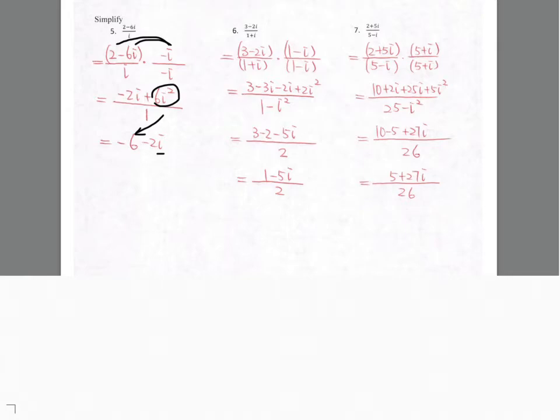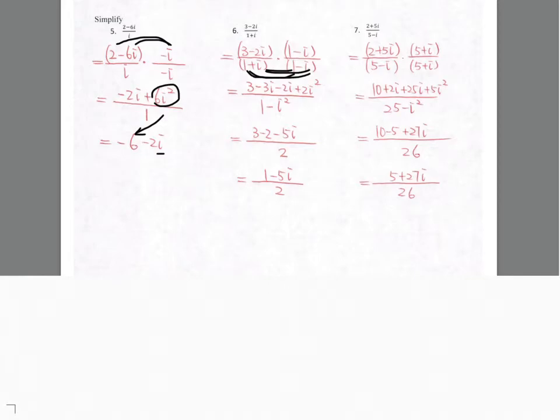Here you will have to do FOIL. 1 plus i times 1 minus i at the denominator is going to be 1 minus i squared. Make sure you carry out the FOIL if you're still struggling with this concept: first, outer, inner, last.